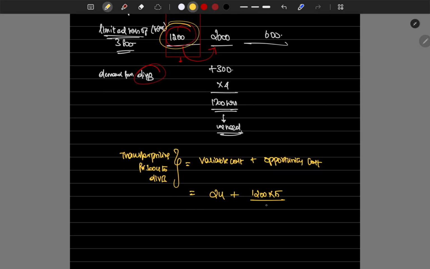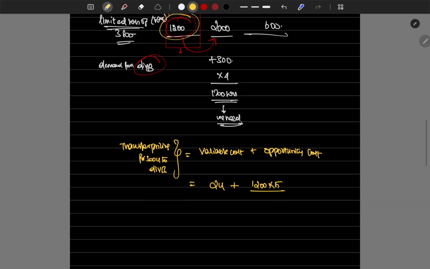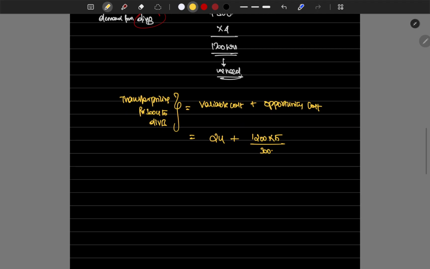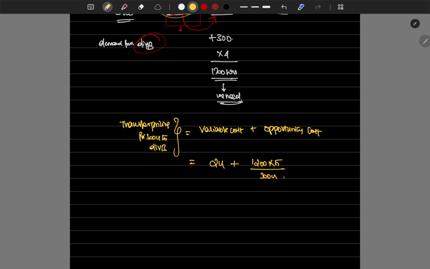The total units for which we use these hours is 300 units of product Y. The opportunity we lose is 6000 for these 300 units of product Y. So how much will it come? 24 plus 1200 into 5 divided by 300, which is 20.